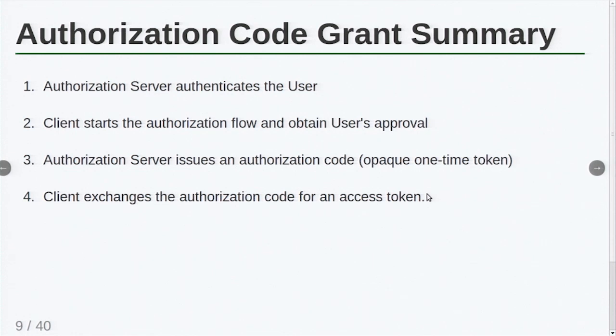So you have a redirect URI that goes in the request there. The authorization server, if it obtains approval, will then issue a code. It's an opaque string, one-time token, if you like, that can be exchanged for an access token by the client. So that's a summary of the protocol, basically.